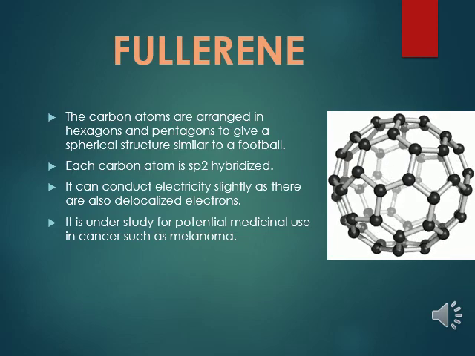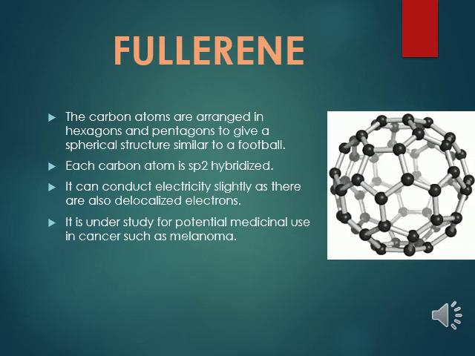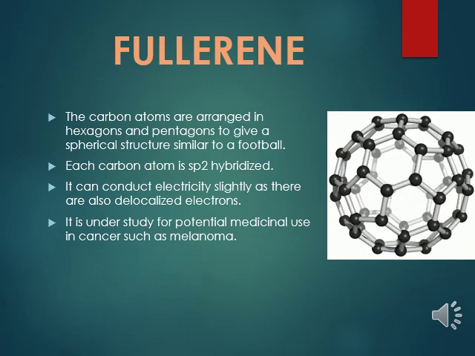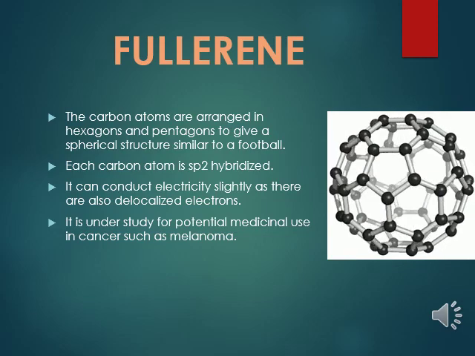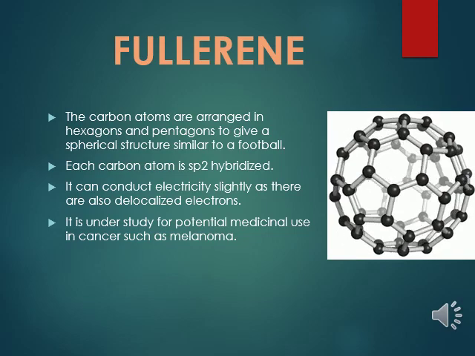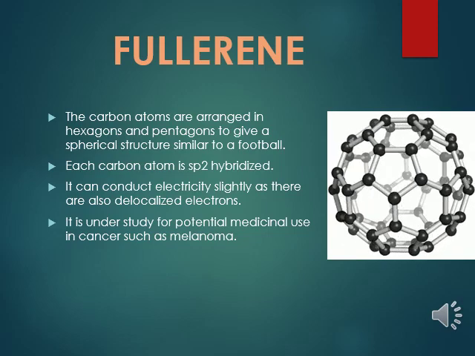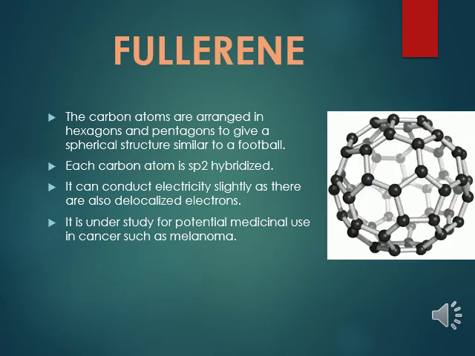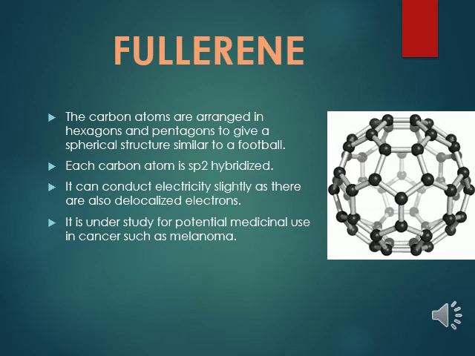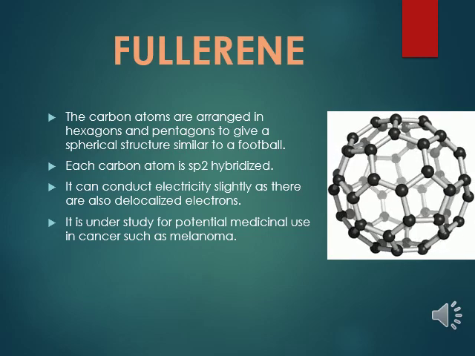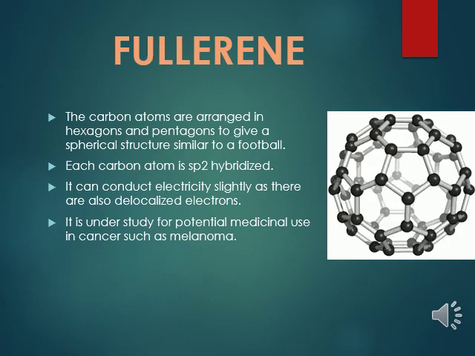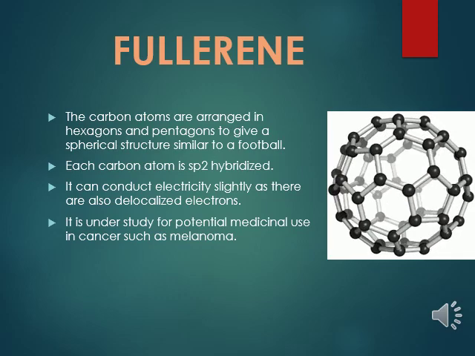As you can see in the picture, there are some hexagonal rings and some pentagons. Each carbon here is sp2 hybridized, and it can also conduct electricity slightly, just like graphite, as here also we have some delocalized electrons. It is under study for potential medicinal use in cancer. So this is fullerene, or you can say Buckminsterfullerene.